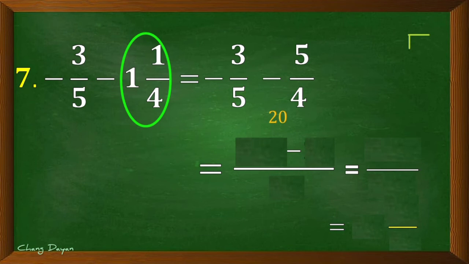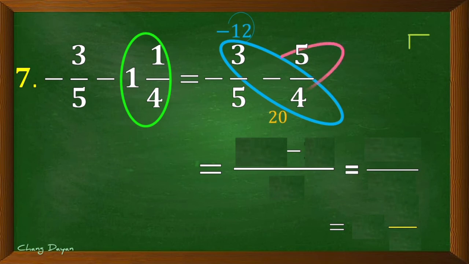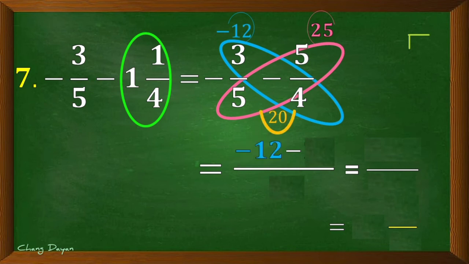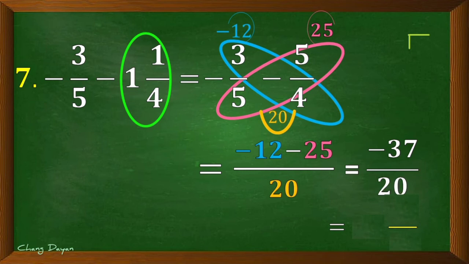So, negative 3 times 4, the answer is negative 12. Then, 5 times 5, the answer is 25. 5 times 4, the answer is 20. So, we have here negative 12 minus 25 over 20. Negative 12 minus 25 is the same with negative 12 plus negative 25. And our answer is negative 37 over 20.